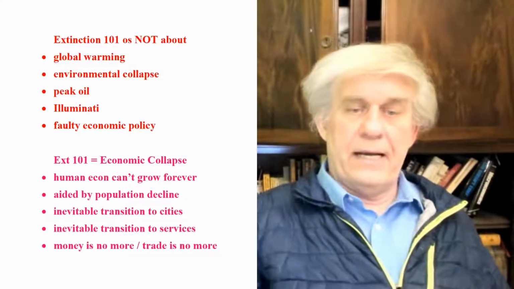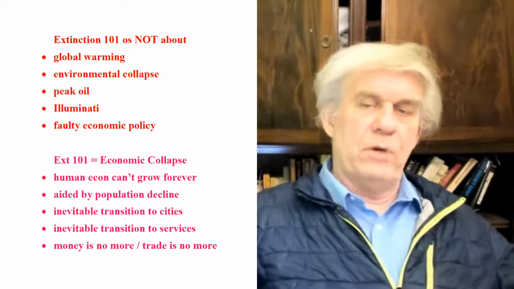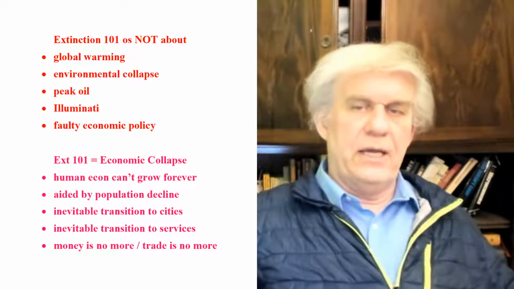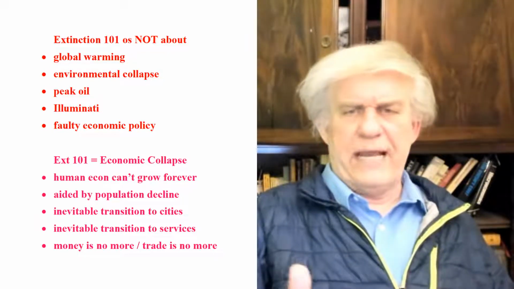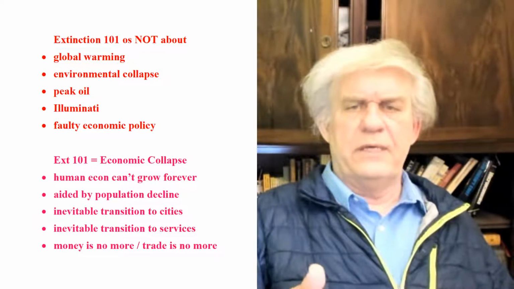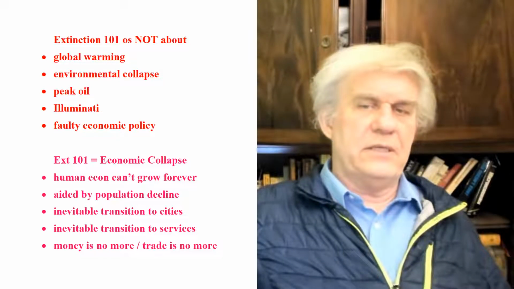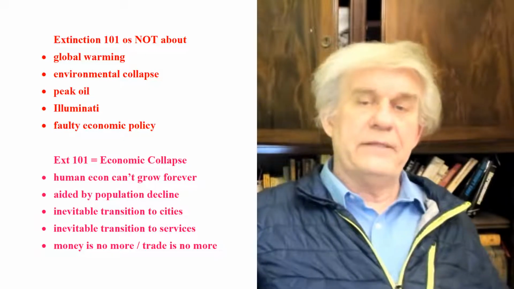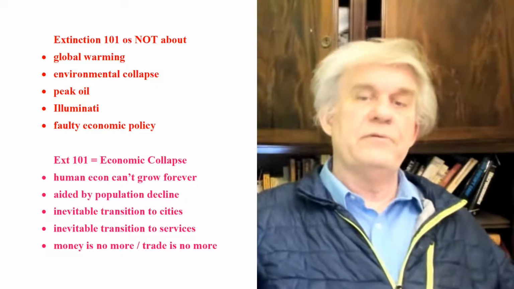Okay. Then we have this big transition that's going on, which is the transition to the cities. In advanced nations, it's already happened pretty much for the most part, but it's all the underdeveloped nations, we can call them underdeveloped, that are now in the process of moving people to the cities.